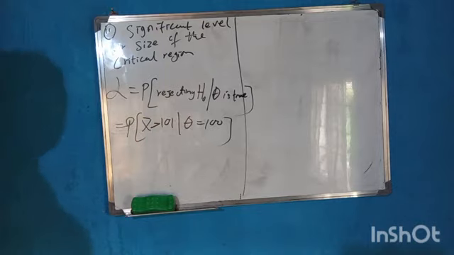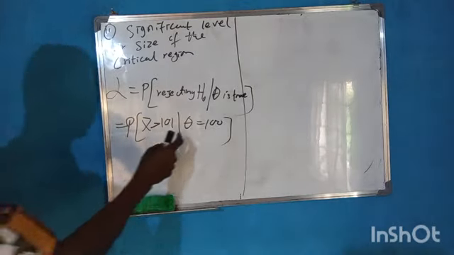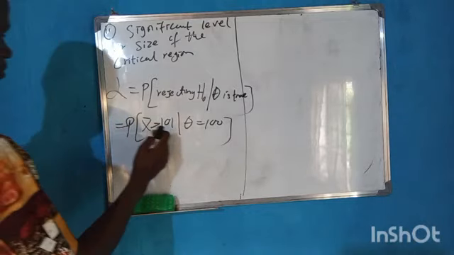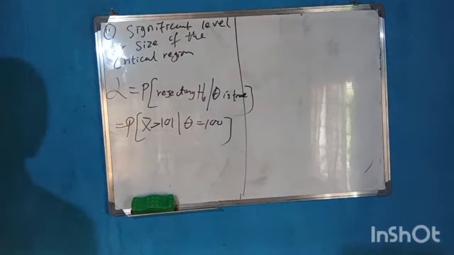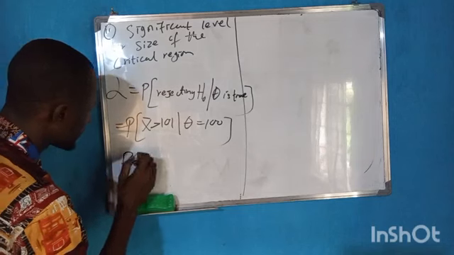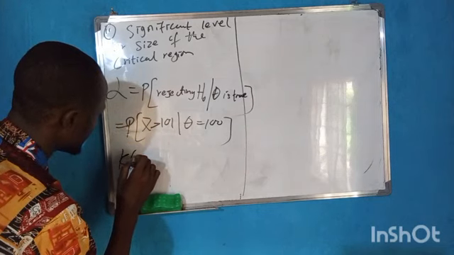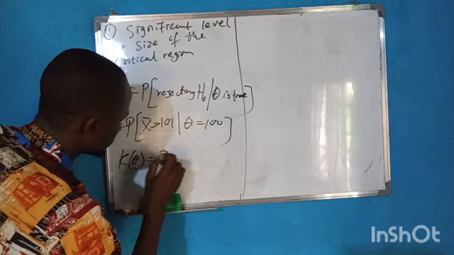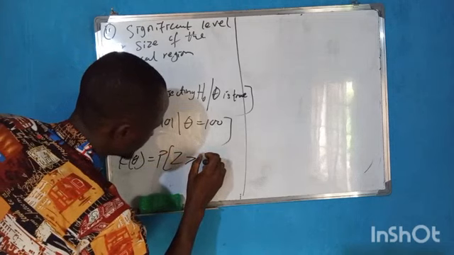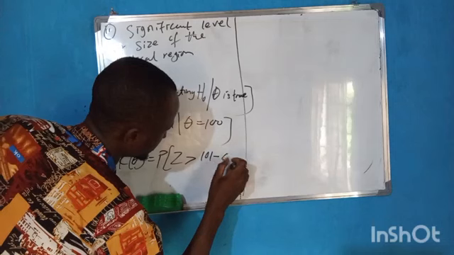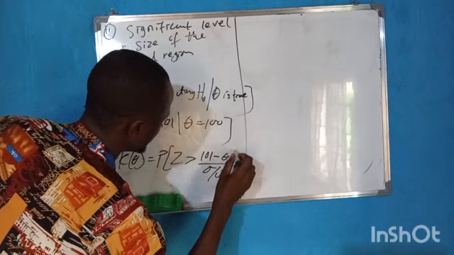So this is the size of the critical region. You will now substitute the value of theta equal to 100 in the power function. Note that our power function K of theta is equal to the probability of Z greater than 101 minus theta all over standard deviation over root n.